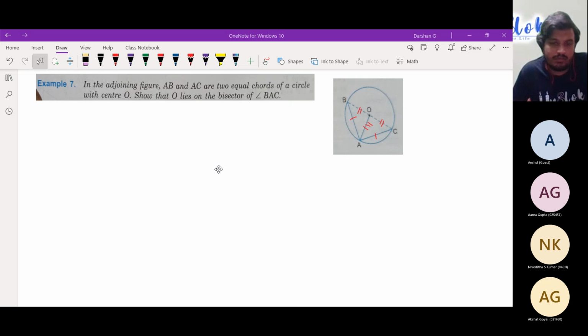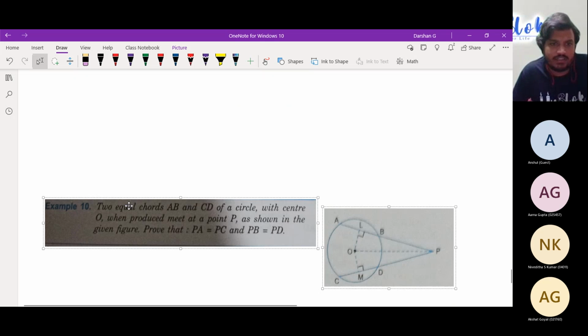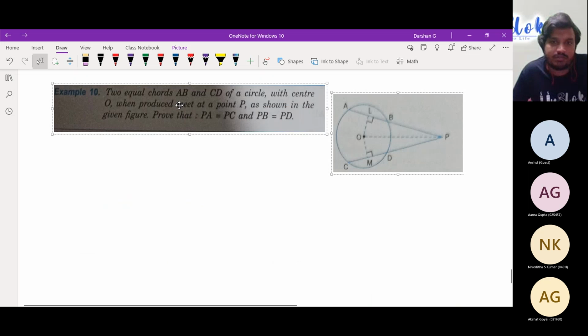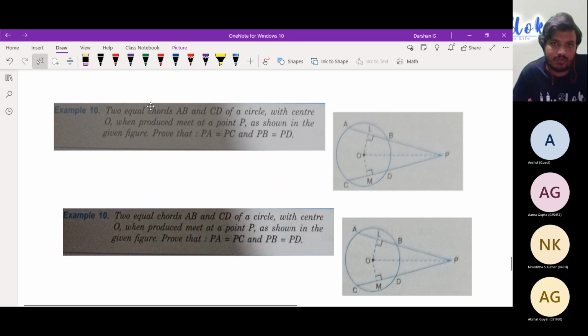Okay, next problem. This is actually one of the theorems, but they have not given it as a theorem, they have given it as an example.